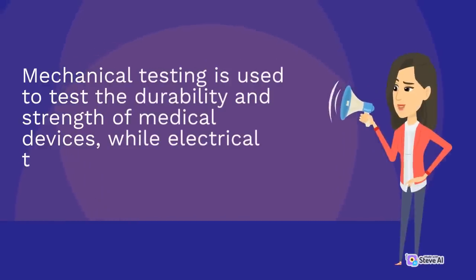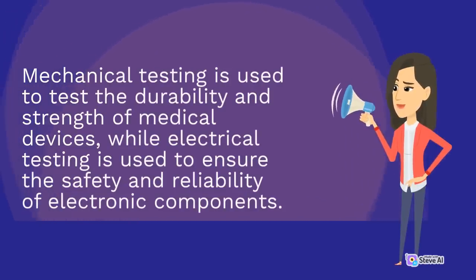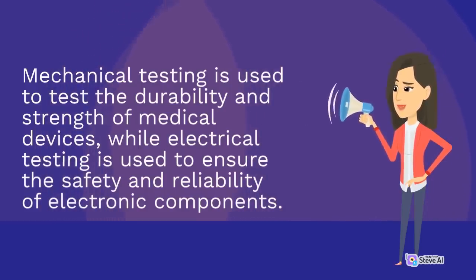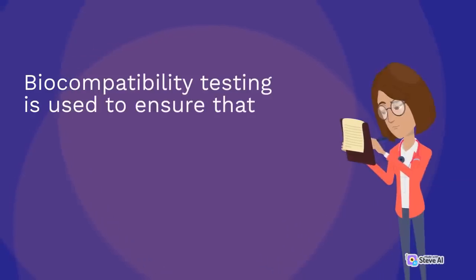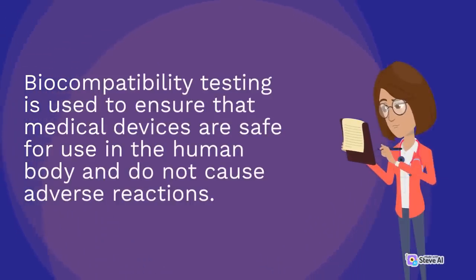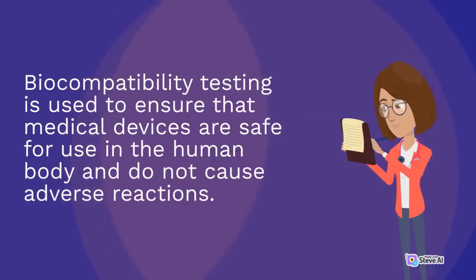Mechanical testing is used to test the durability and strength of medical devices, while electrical testing is used to ensure the safety and reliability of electronic components. Biocompatibility testing is used to ensure that medical devices are safe for use in the human body and do not cause adverse reactions.